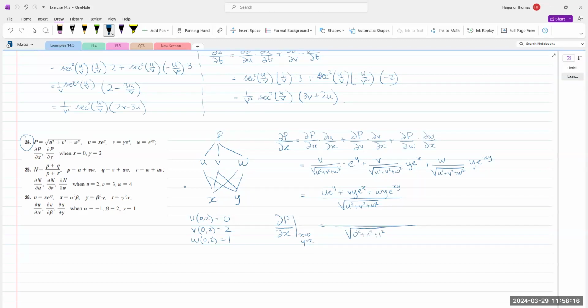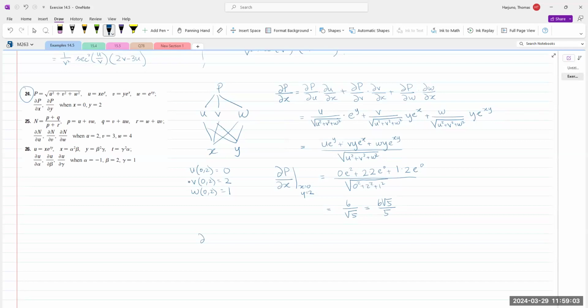On the numerator, I will have 0 times e squared, plus phi is 2, the y is 2, the x is 0, plus w is 1, the y is 2, e to the x, that's also 0. So that is 4 and then 6, that's 6 over square root of 5. It's 6 radical 5 over 5. Notice that I substitute the u, phi, w from that when I plug in 0, 2 in there.